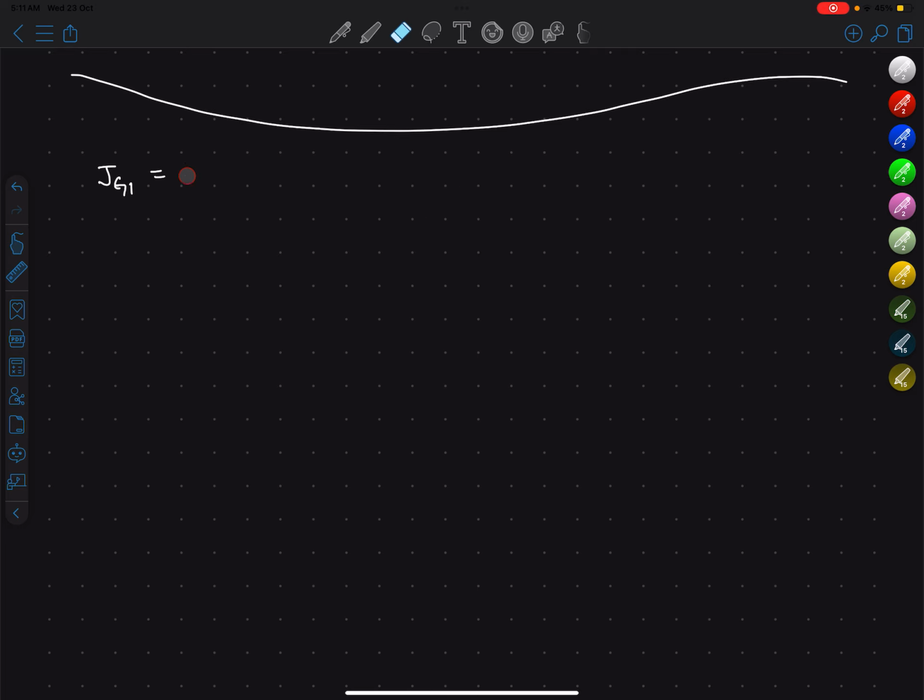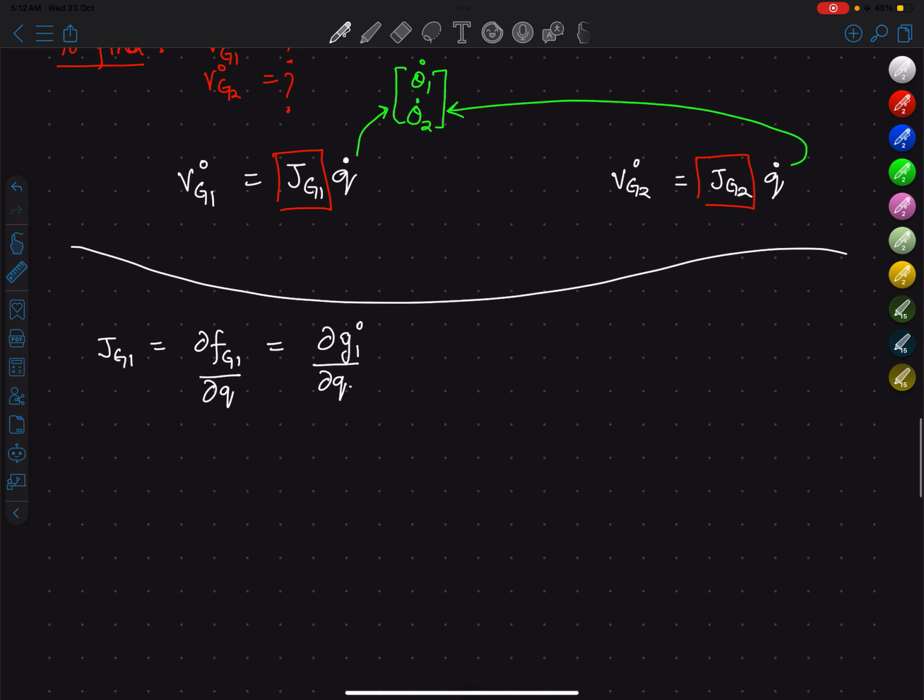So Jg1, as we saw, was given by del f g1, the forward kinematics of g1, over del q, which is given by del g1 naught by del q. So basically g1 is the point. Let me draw the diagram. Let me copy the diagram here.